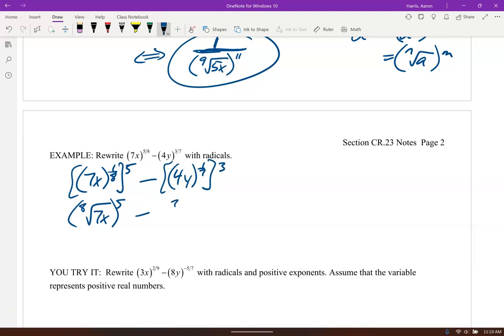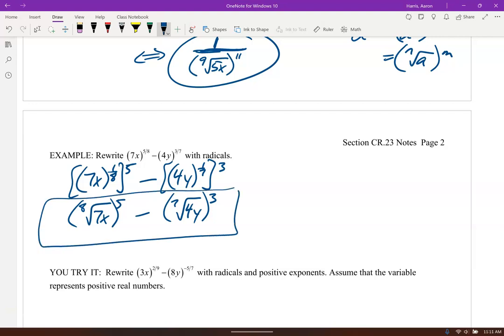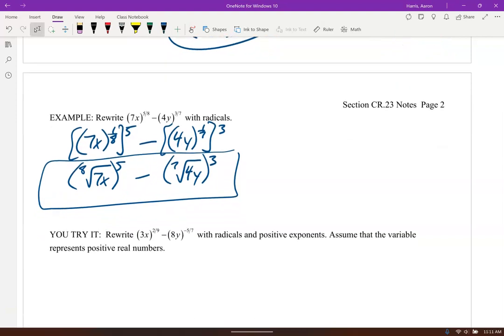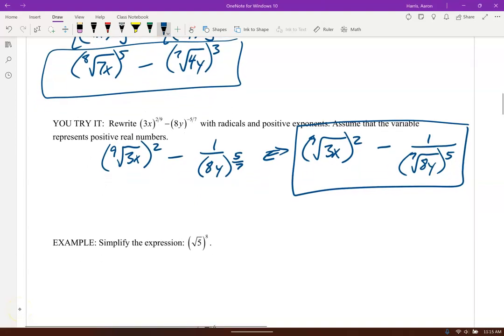So minus the 7th root of 4y to the 3rd. So we have the 8th root of 7x to the 5th minus, I'm sorry, minus the 7th root of 4y to the 3rd. All right, why don't you guys go ahead and try that next one. Very good. Awesome. So check your work there.